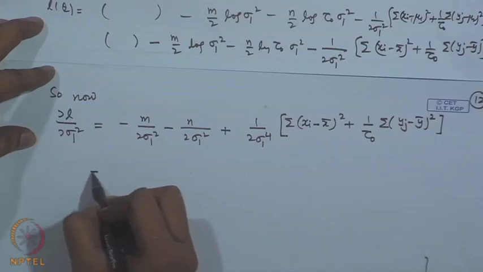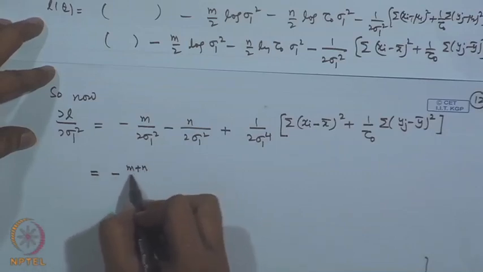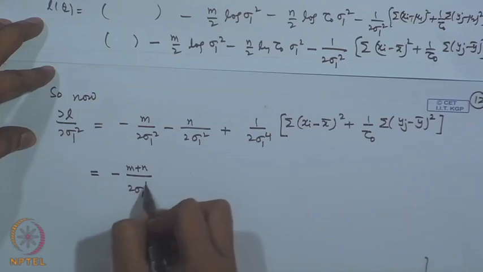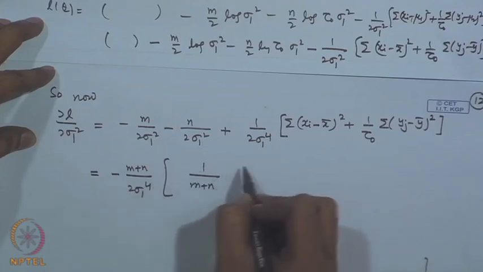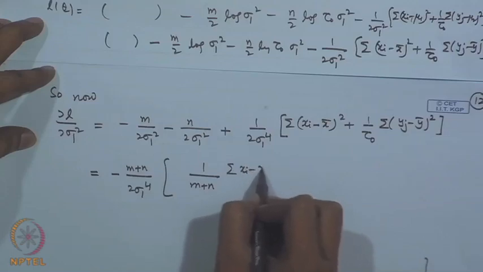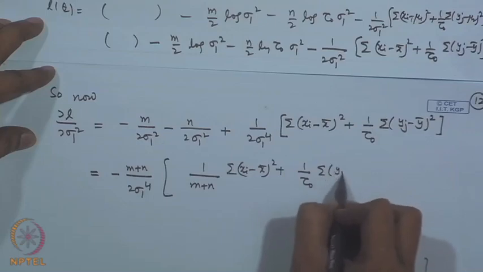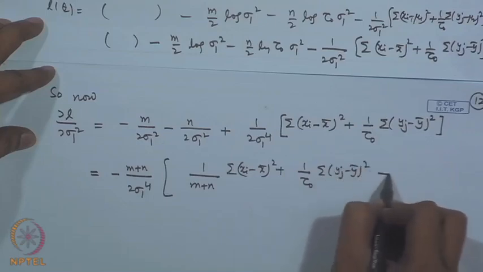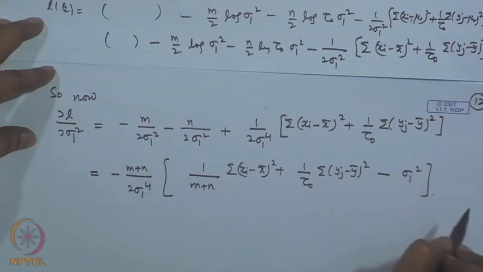So, that I can write as minus (m plus n) by twice sigma 1 to the power 4, times 1 by (m plus n), sigma (x_i minus x bar) square plus 1 by tau naught, sigma (y_j minus y bar) square, minus sigma 1 square.